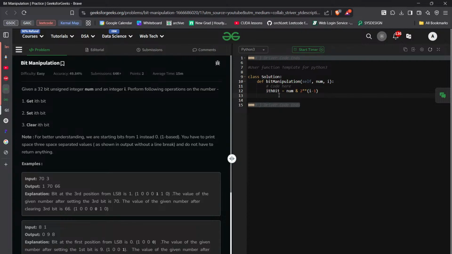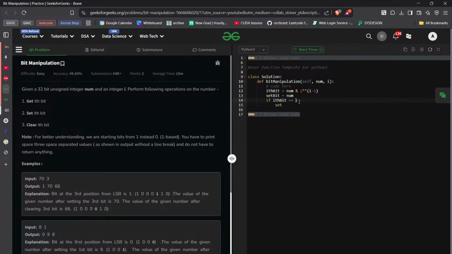Then we have to set the ith bit. If the ith bit is equal to 1, I'll keep the set bit as the number itself, and we don't have to do anything.